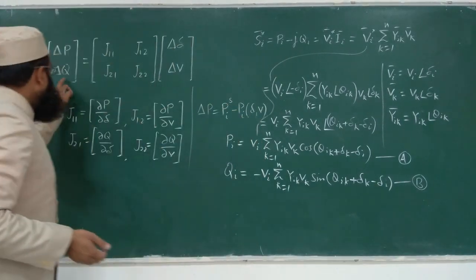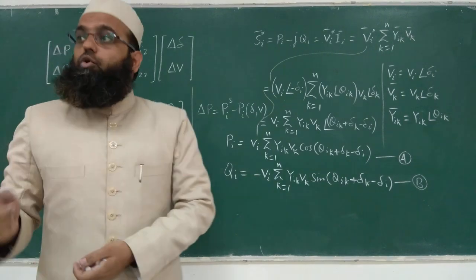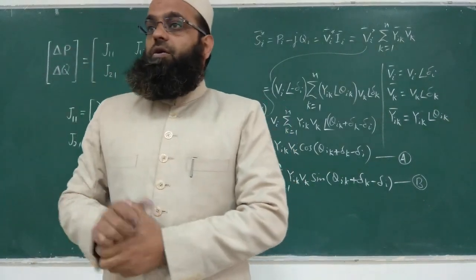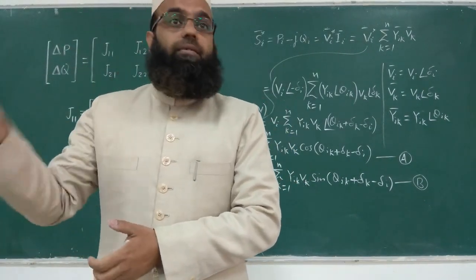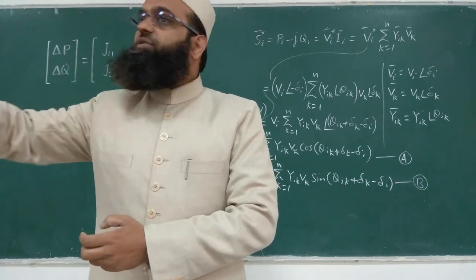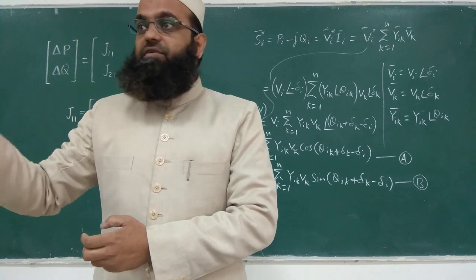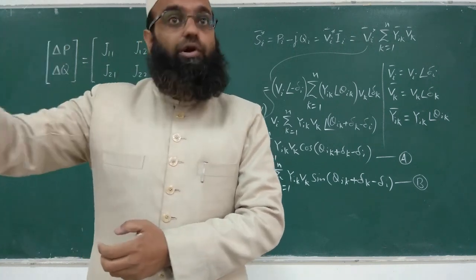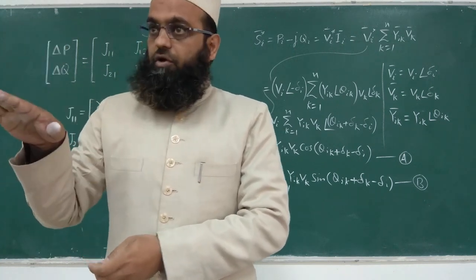And what about Q? Q is more dependent on V than delta. What is V? Bus voltages of several buses in the system. What is delta? Phase angle of bus voltages. Clear to all of you?